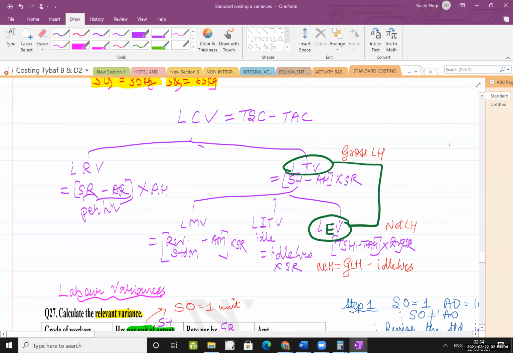So if my labor is working for 8 hours, out of which 3 hours were unproductive, my labor efficiency hours will be 5, this 8 is my gross, and this 3 is my idle hours. So the formula for net labor hours is gross labor hours minus idle hours. That's the concept.